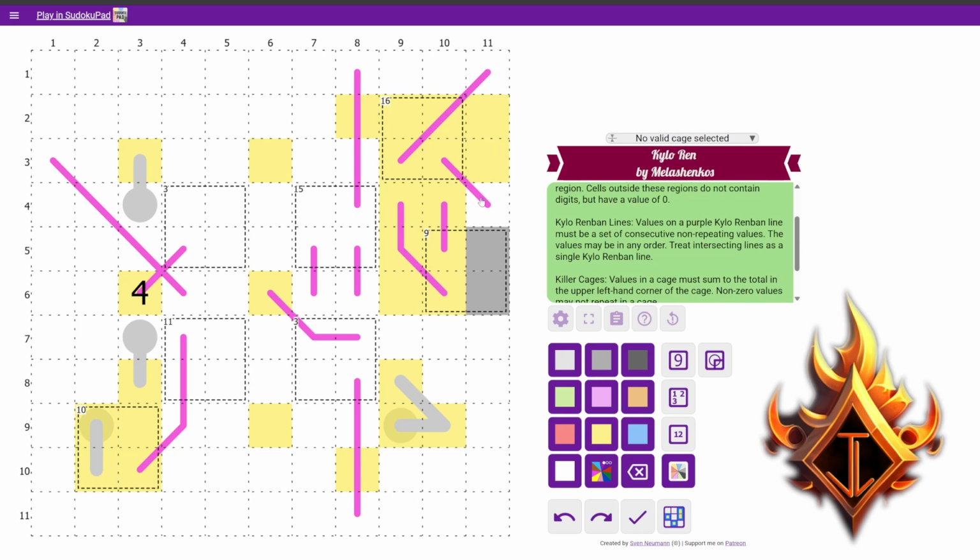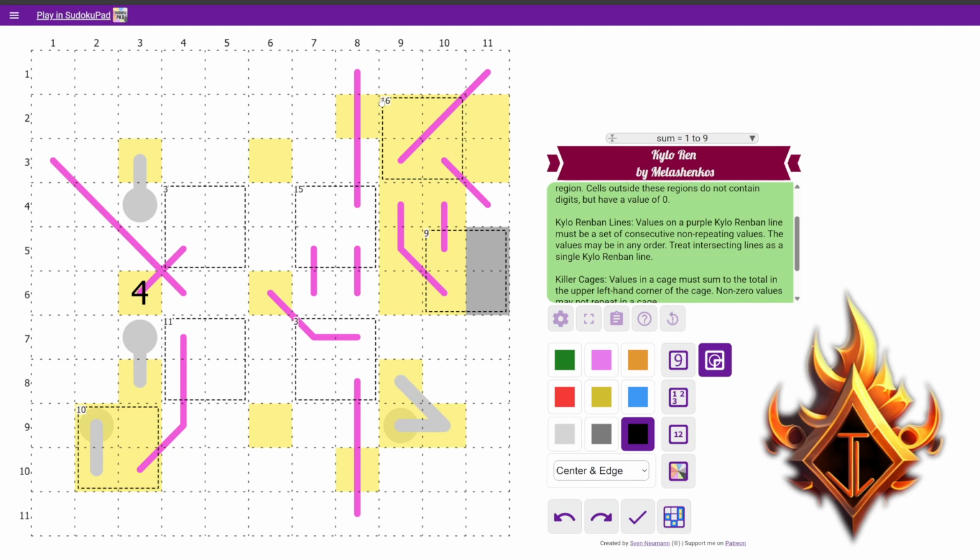And it will either get that one or that one. But it does give me a wall here.